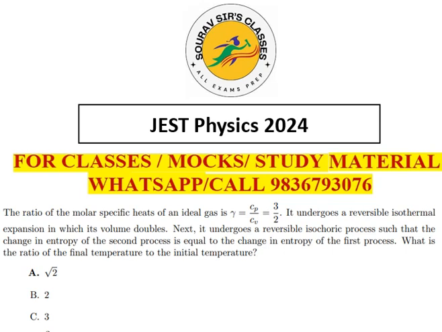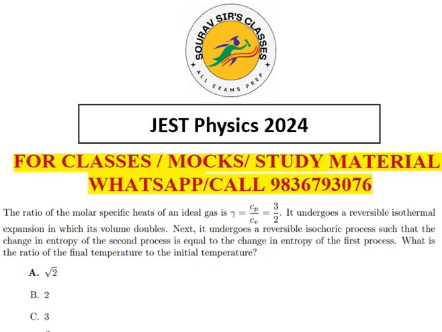So let us solve one problem from the JEST Physics 2024 paper. The problem states that the ratio of the molar specific heats of an ideal gas, gamma, is given by Cp by Cv equal to 3 by 2. It undergoes a reversible isothermal expansion in which its volume doubles.